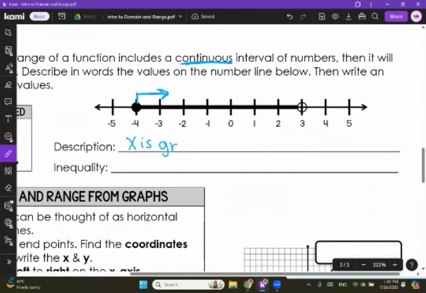Greater than or equal to, why equal to? Because it's filled in. -4. But you want the numbers to be lower than 3. And since that's an open circle, you don't want it to say 3 and under. It just says less than 3. So I'm going to write x less than 3.